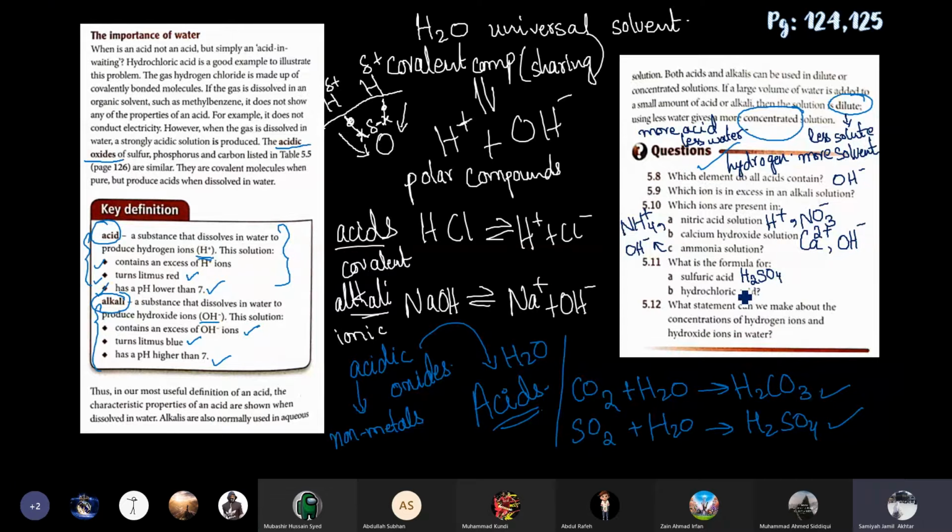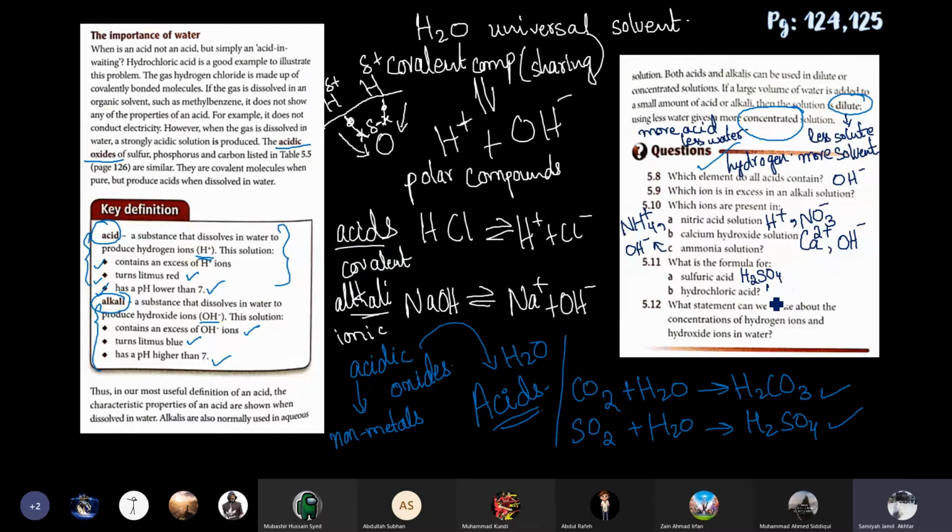Remember that all mineral acids start with hydrogen. Then whatever substance is present is indicated by the name. If it is sulfuric, it means sulfur is present, so the sulfate ion. Nitric acid indicates nitrogen is present, so NO3. Please remember the formulas of acids.